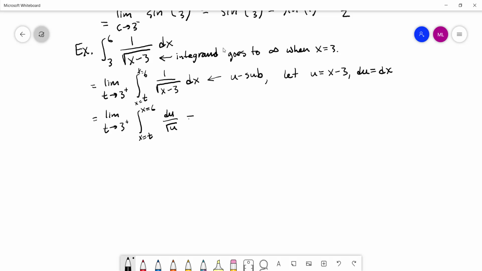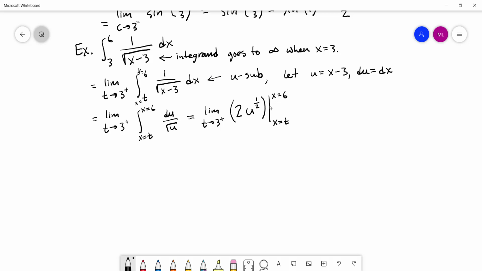If we integrate that, I'll get my limit as t goes to 3 plus, and u to the negative 1/2 will go to u to the positive 1/2. To make up for that 1/2, I'll need an extra factor of 2 out in front of everything. And again, it's evaluated between x equals t and x equals 6.